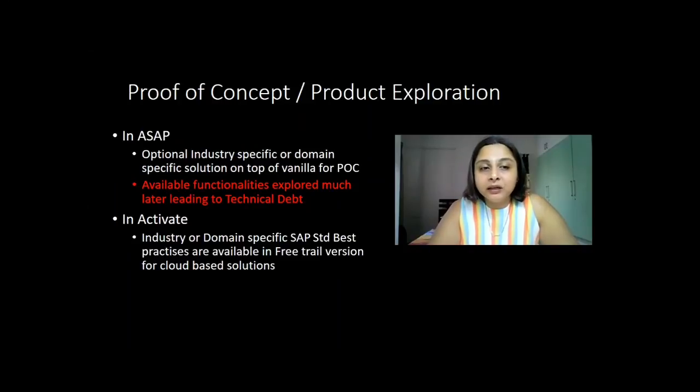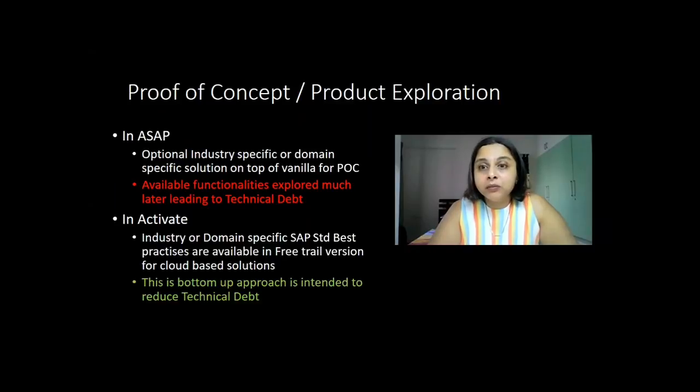Now, in case of Activate, because industry specific, domain specific, or best practices are already available on these free trial versions, the customer gets a look and feel, and he or she is able to explore what is available in the system, and understand the functionalities which are available in the system.